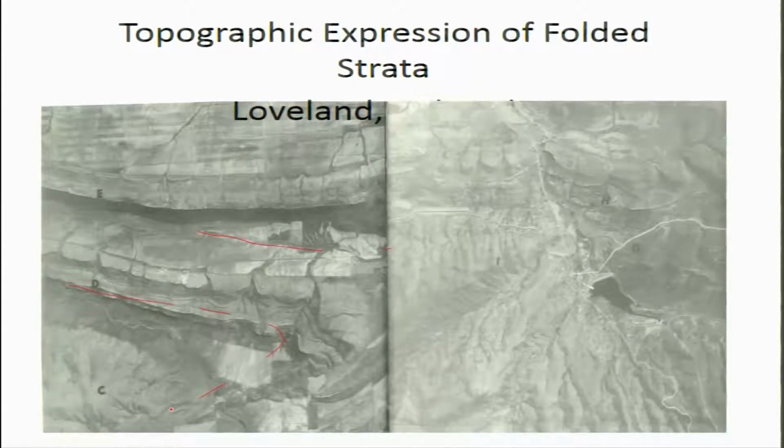If there is erosion of the superficial matter of a fold, then you will find only the limbs connection on the surface, which is actually the cross section.